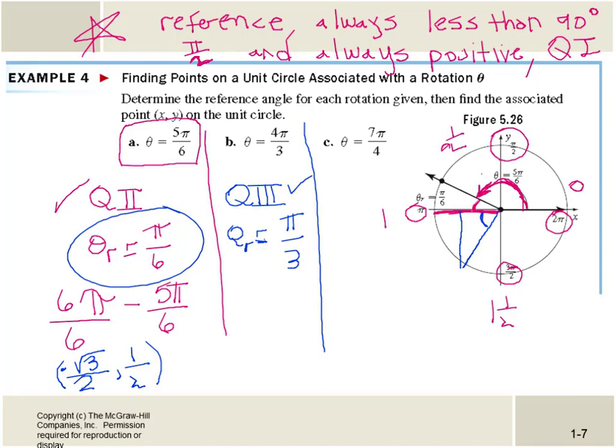It's a couple-step process. So we know pi over 3 is a reference angle. We know it's in quadrant 3. What's our ordered pair for pi over 3? For pi over 3, is the x value bigger than the y, or the y bigger than the x? Nope, that's for pi over 4. Pi over 4, they're equal. Pi over 3, the y value is bigger than the x, exactly.